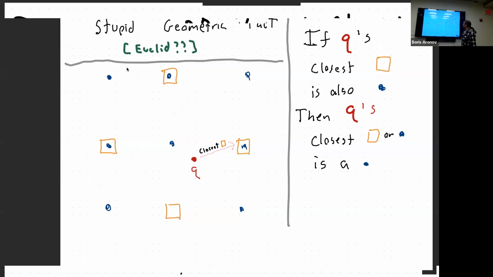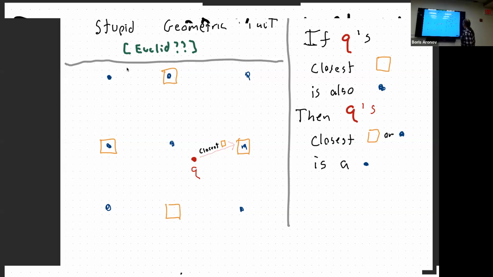So you have orange points, and you have blue points, and points which are orange and blue. Are those arbitrary? These are any points. Some are orange, some are blue, and they're not disjoint. So you mean that if your closest point is blue, then it is blue. Yes. Oh, I see.